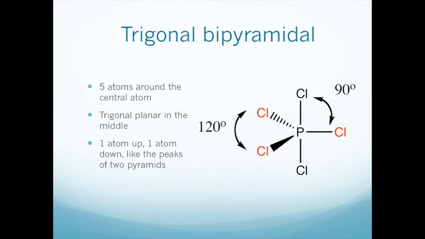So you have a trigonal planar central plane with the atoms separated by 120 degrees, and then you have a line going up the middle which forms a 90-degree angle with the central plane, which forms 2 pyramids facing in opposite directions.